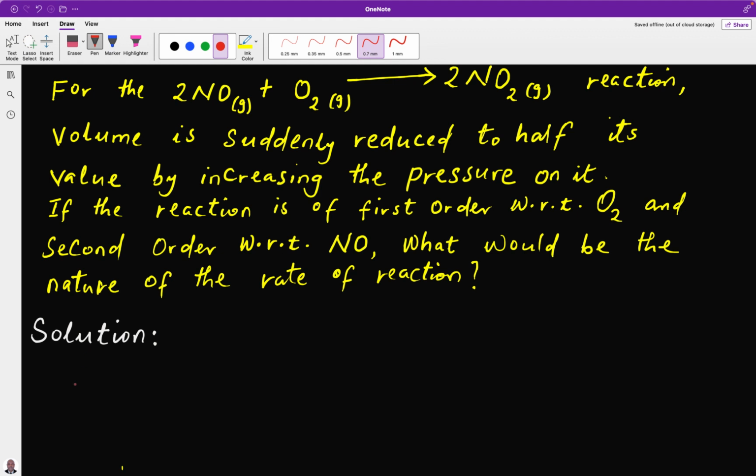The rate for this reaction will be K times the concentration of NO.